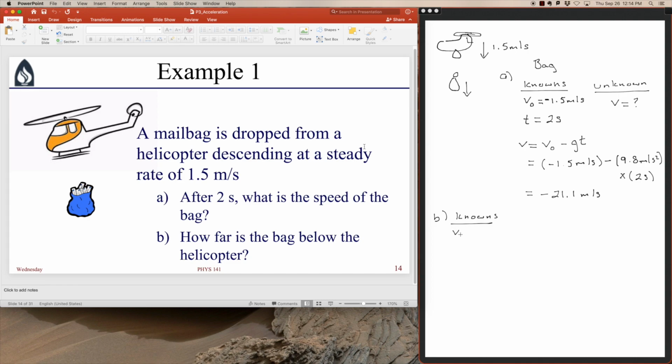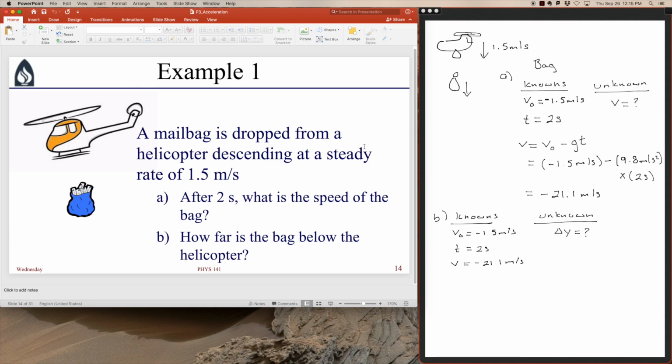I know that, as before, the initial velocity is negative 1.5 meters per second, that the bag falls for 2 seconds, and I now know that the final velocity is negative 21.1 meters per second. My unknown, the thing that I'm trying to find in this part of the problem, is how far does the bag travel? What is its delta y?